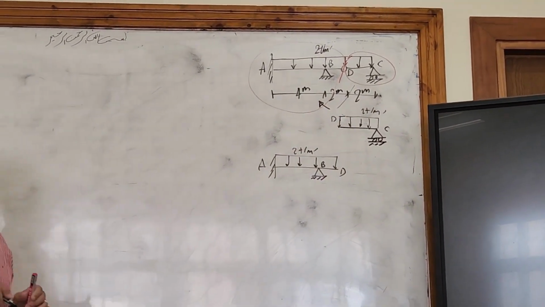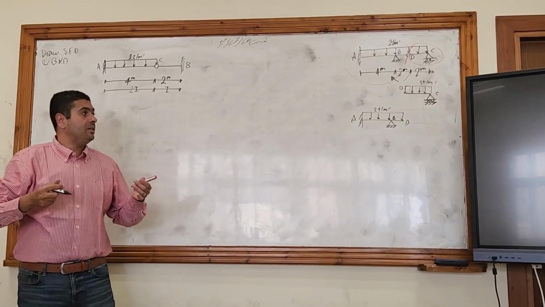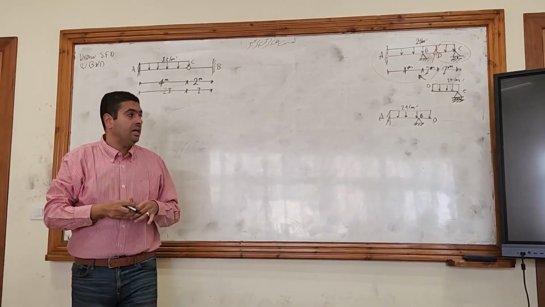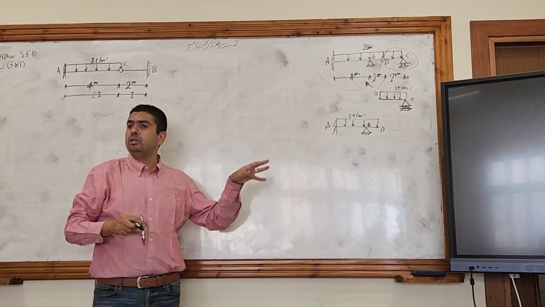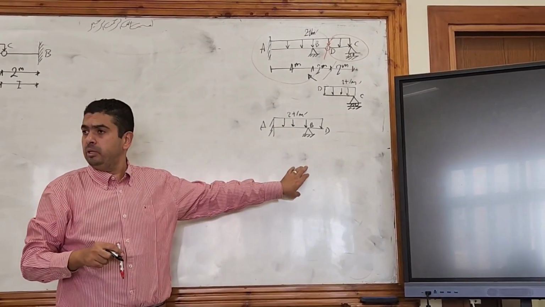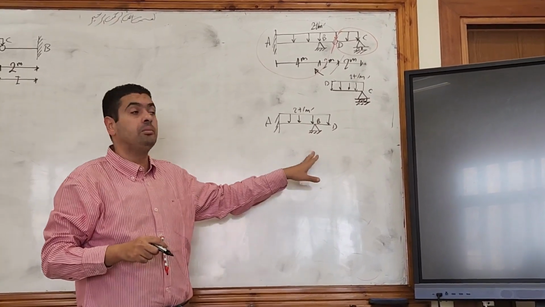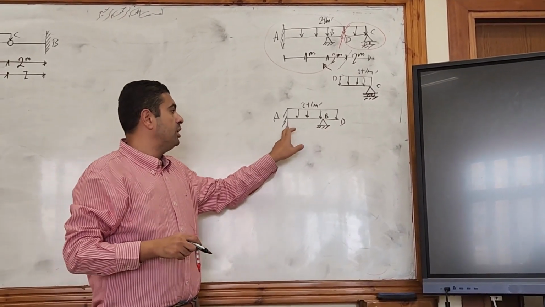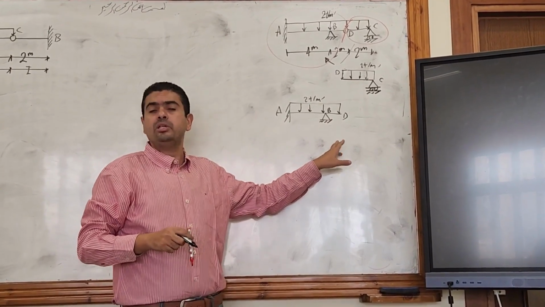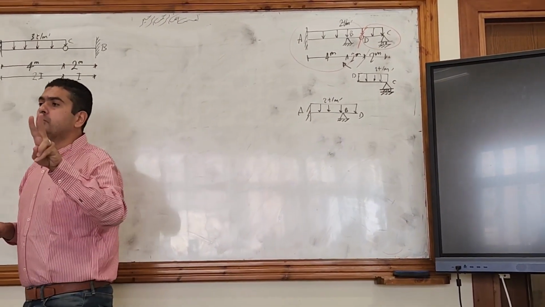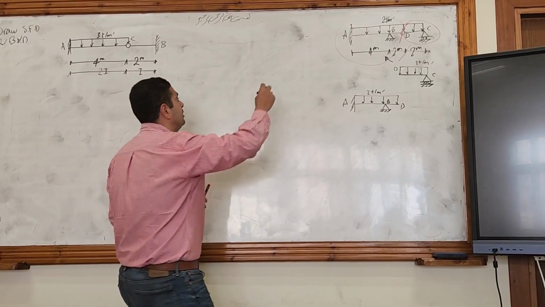Can the part ABD hold the part CD? It will only be able to hold it if it is stable, right? So is the part ABD stable? Yes, it is stable. Fix a support here and hinge a support here, so this is stable. I have only two phases for stability.